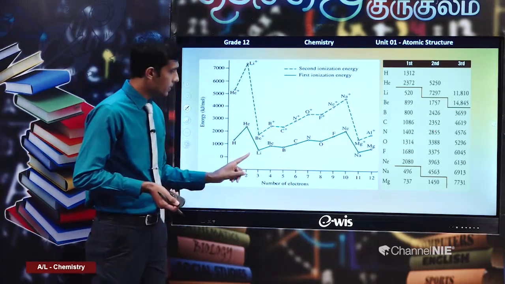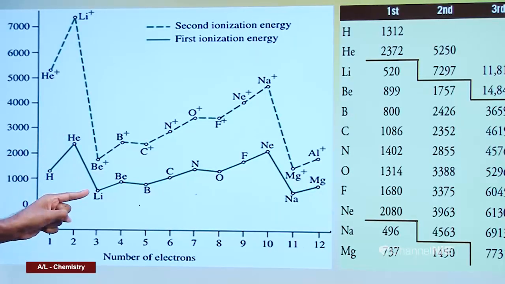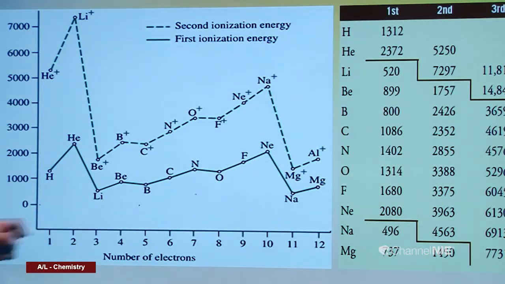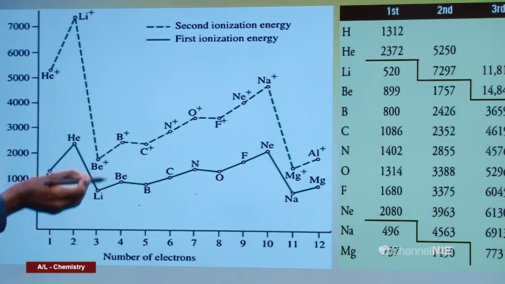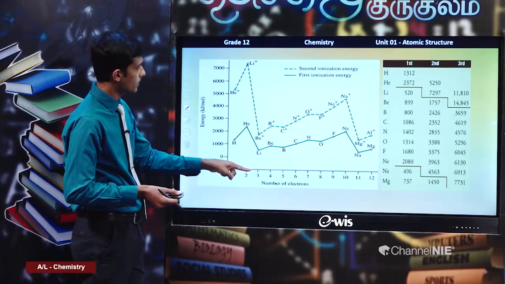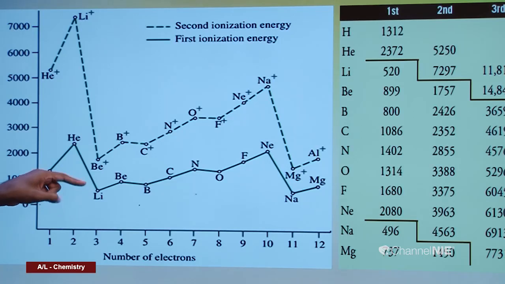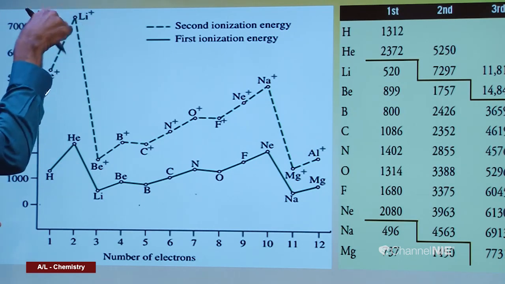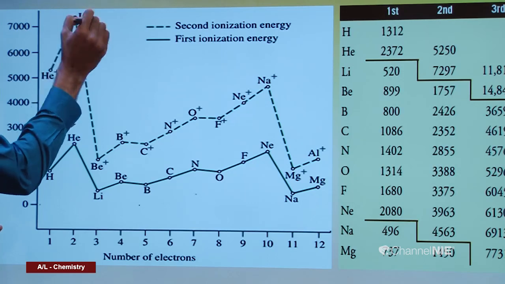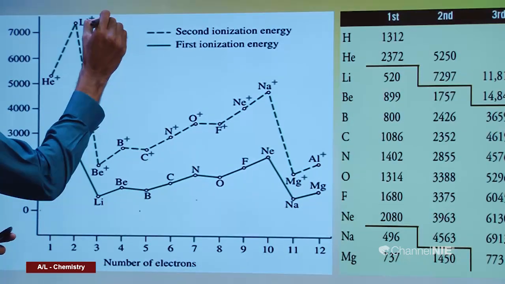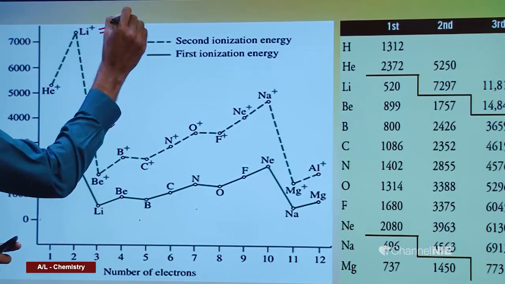There you can see these elements, this variation, that is the variation of the first ionization energy. Then when you consider the second ionization energies of these elements, when lithium is considered, when the second electron of lithium is removed, that means you are removing an electron from the lithium plus ion, whose configuration is similar to the configuration of helium, a noble gas configuration.